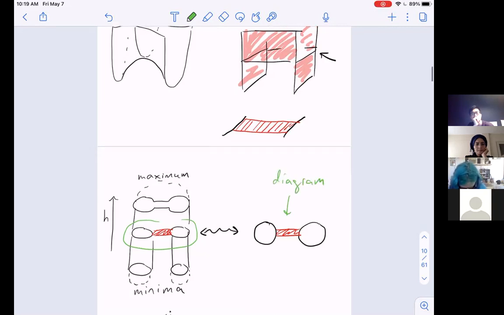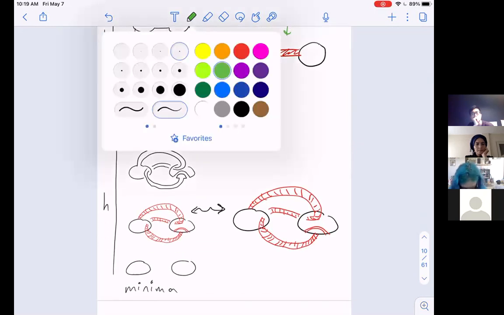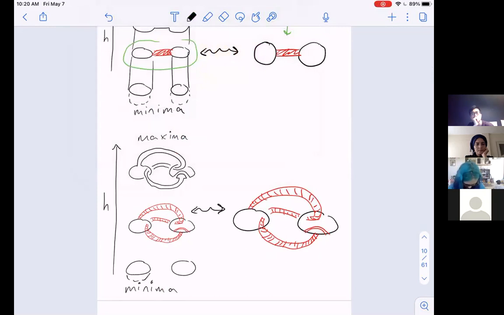I could draw something slightly more interesting. Again, this is a movie of a surface where the minima are determined by their boundary. At the top, even though I haven't drawn it as round, this is a picture of an unlink, so it does determine my maxima. There's two of them, but I only drew one line. And then I flattened my index 1 critical points.